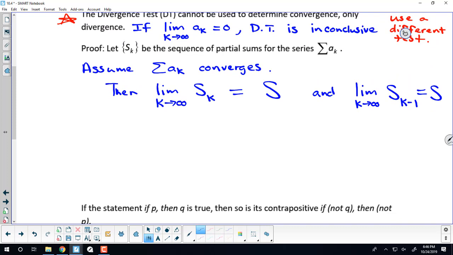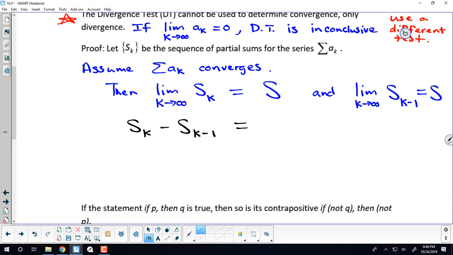Okay, so then what we can say is that if we look at the kth partial sum minus the previous partial sum, what would that give us? Zero on the left-hand side, but only zero when we take the limit of the left-hand side, right?